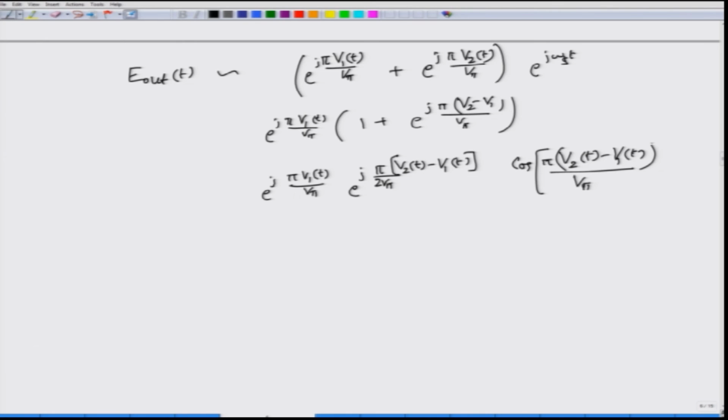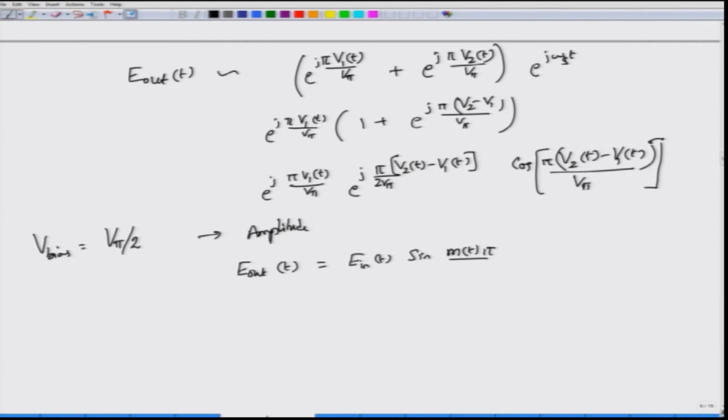Okay. So, you can see that by choosing this V2 minus V1 difference, I can change the operating point and make different biasing points for the operation of the amplitude modulator. We have seen that when we bias at V pi by 2, you will end up having amplitude modulation, correct, because we have seen this earlier: the output amplitude E out will be equal to input amplitude E in of t times sine of the message signal that you are transmitting times pi by V pi.